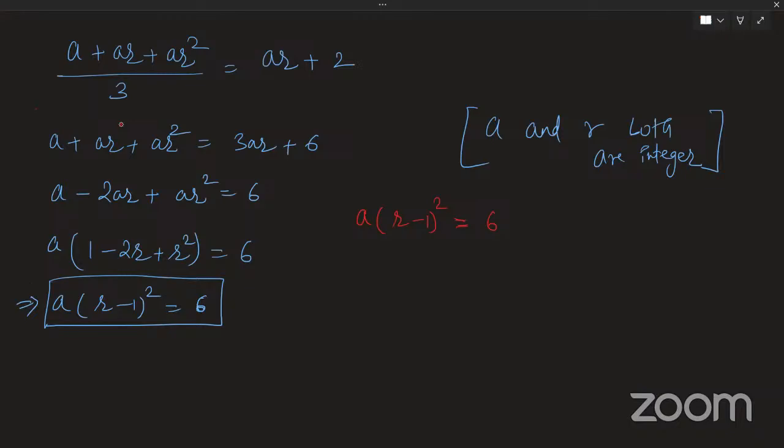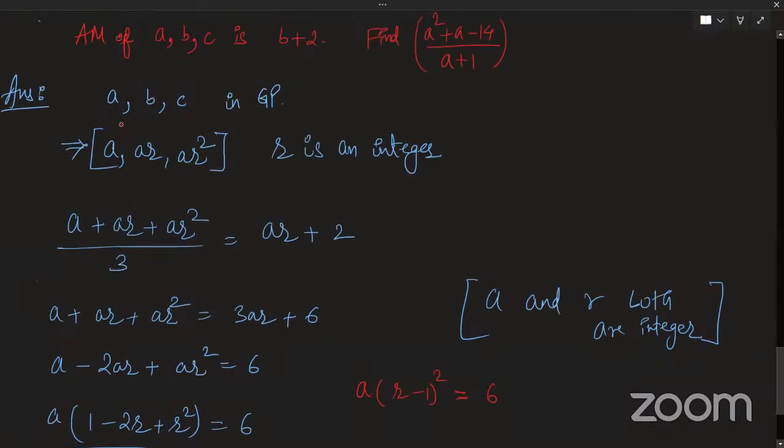So 6 you have to split in two ways such that both of these are integers and one of them is a perfect square. They are multiplied, not added: A multiplied by R minus 1 square.